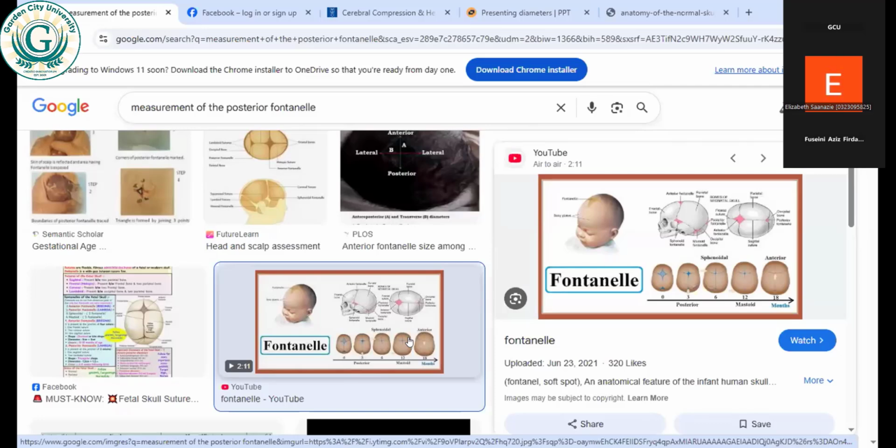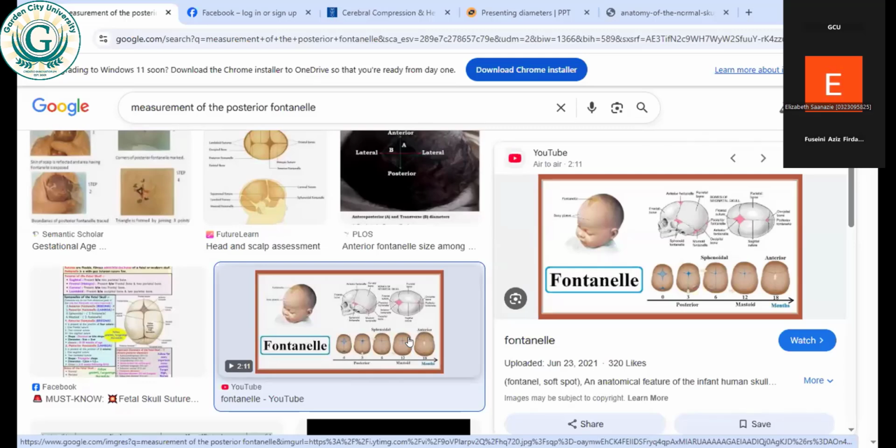The regions are the occiput, the vertex, and the sinciput. Another name for the sinciput is the forehead. Those are the regions of the fetal skull.